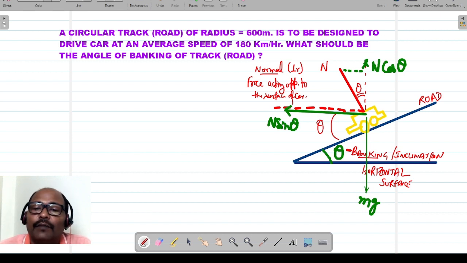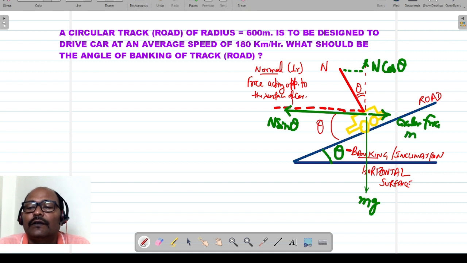But the force which is binding this car to not go away from the track is the circular force, the centripetal force which is acting over here. The centripetal force is mv square by r.